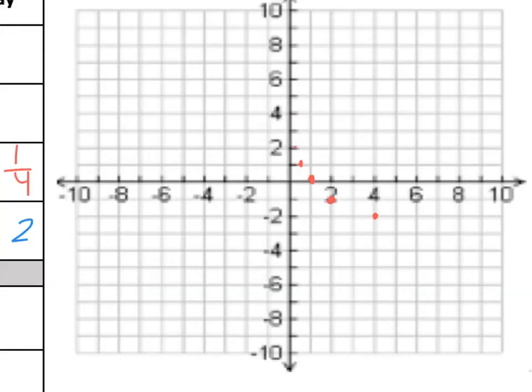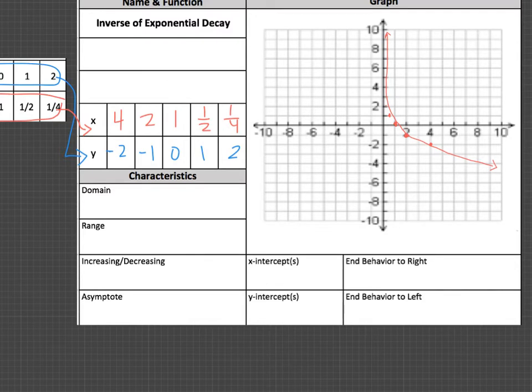Connecting with a smooth curve. All right, this time we're also going to get a vertical asymptote at 0. As x gets larger, the function goes to negative infinity. We'll fill in the name when we learn the notation for the inverse of the exponential decay.